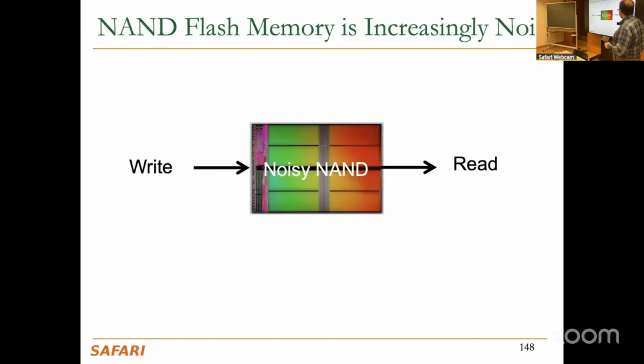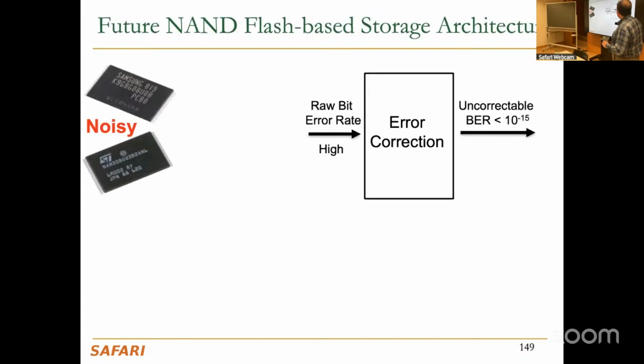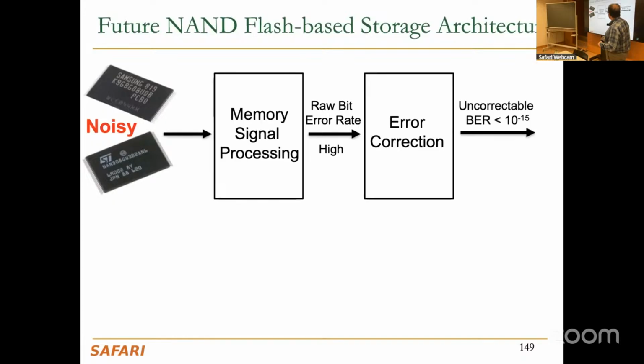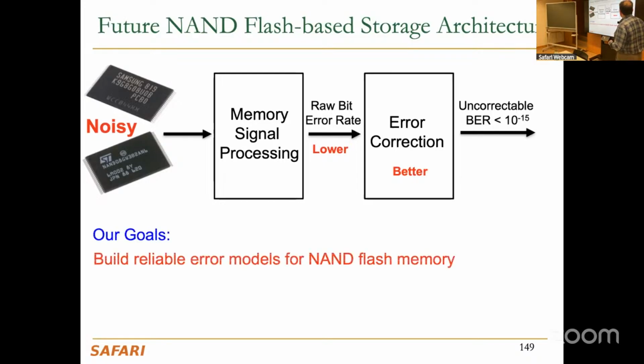Okay, this is what I talked about: NAND is kind of a noisy channel, where you write and read noisy data. From this noisy channel, you apply memory signal processing, and with that hopefully you can get a lower raw bit error rate. And then you can have a much better, or let's say less costly, error correction code, such that you get to the uncorrectable bit error rate.